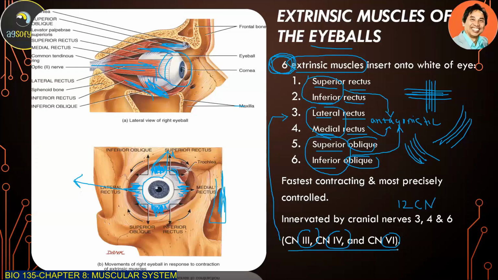So all of these nerves will carry the motor neurons. Remember, motor neuron is the one that goes to your muscle, releases the acetylcholine, and starts the contraction. So cranial nerve number 3, number 4, and number 6 will send the motor neurons that will control the eyeball movement.